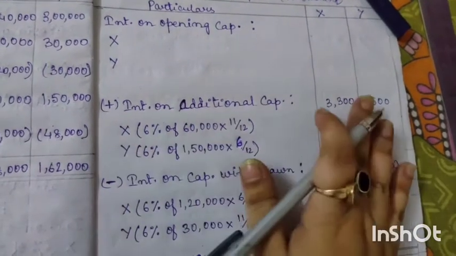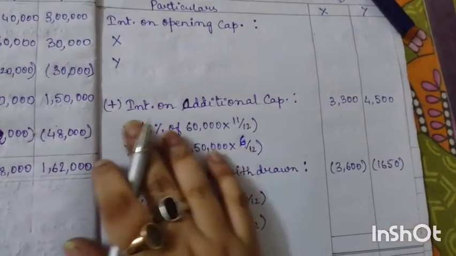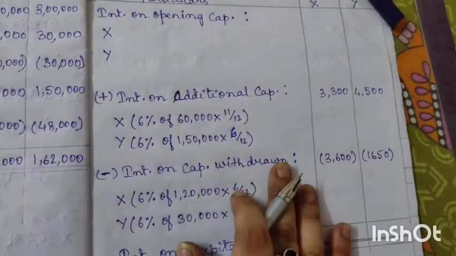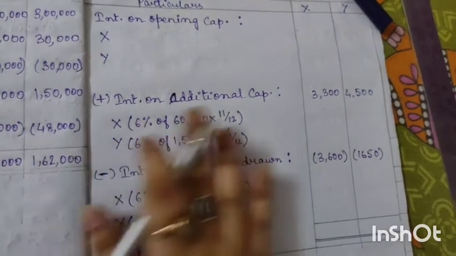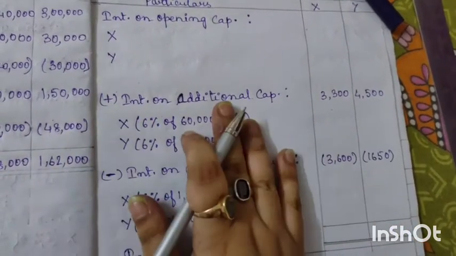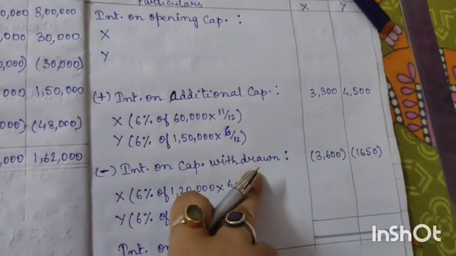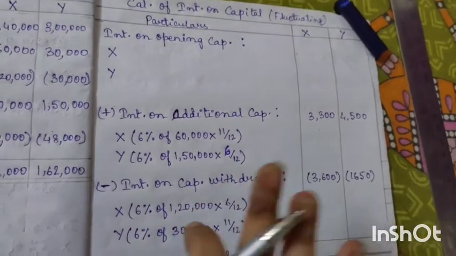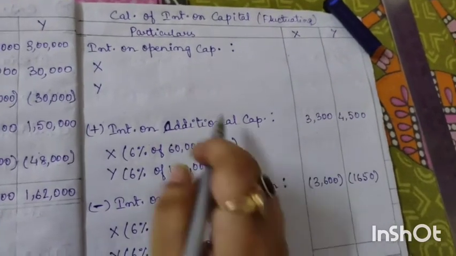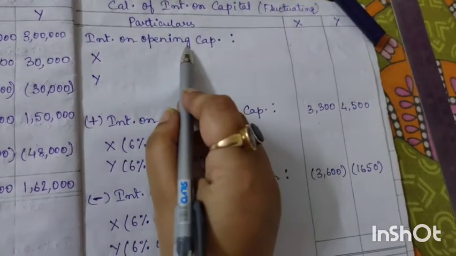I have already made the calculation for interest on additional capital and interest on capital withdrawn in case of fixed capital, so I have written the amount. There will be no change in that calculation, whether it is fluctuating or fixed. Only the opening capital will change.